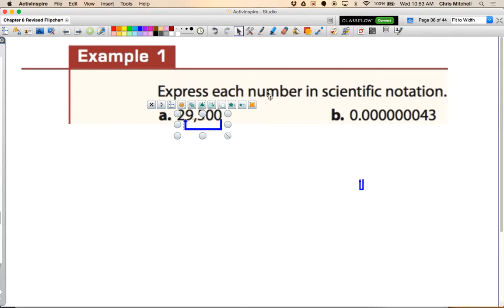So the answer for this would simply be 2.95 times 10 to the 4th power. Very simple, guys.